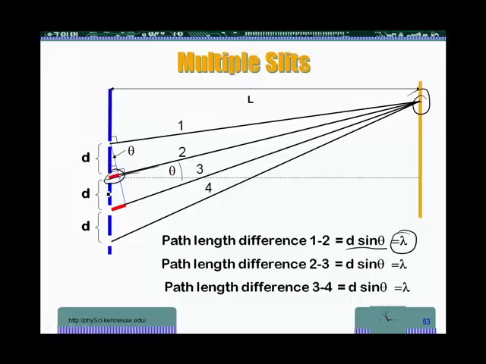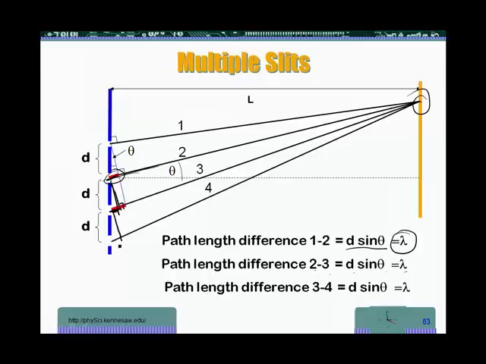Since I have the same separation d, that's the path difference here. That's the same as this. So the path difference between beam 2 and beam 3 is also d sine theta. That means beam 2 and 3 are also interfering constructively.